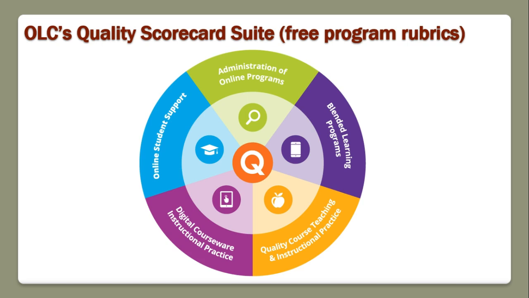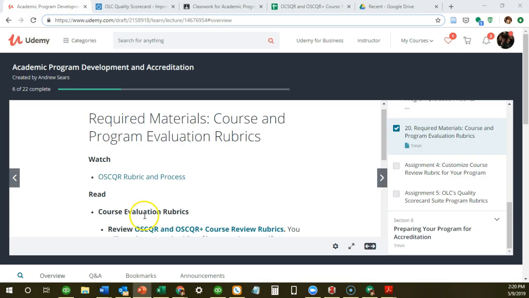The most general one that we're going to have you go through is their rubric for administration of online programs. But they also have them for blended learning, online student support, digital courseware, and quality teaching and instructional practice. So what I'm going to do is talk you through some of the resources.